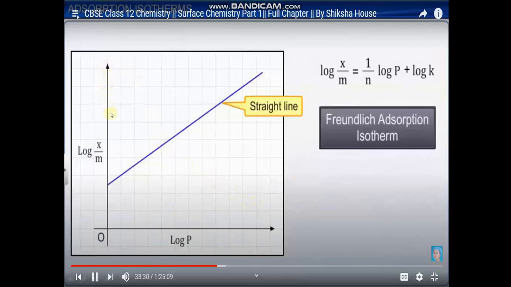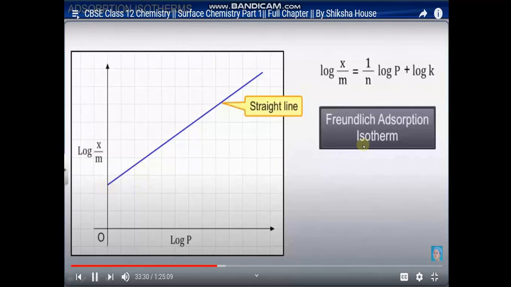The validity of Freundlich isotherm can be verified by plotting log X upon M on y-axis and log P on x-axis. If it comes a straight line, the Freundlich isotherm is valid, otherwise not. The slope of the straight line gives the value of 1 by n. The intercept on the y-axis gives the value of log K.